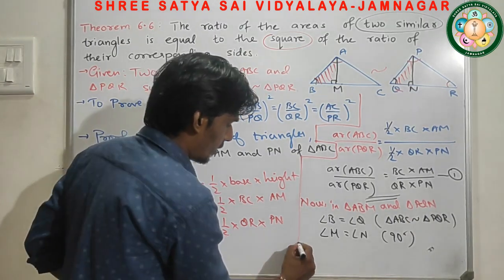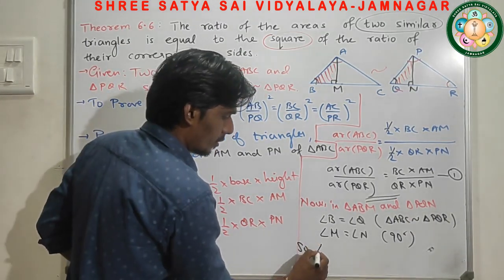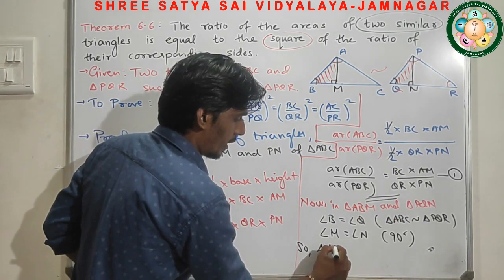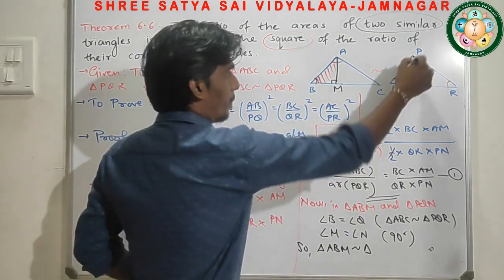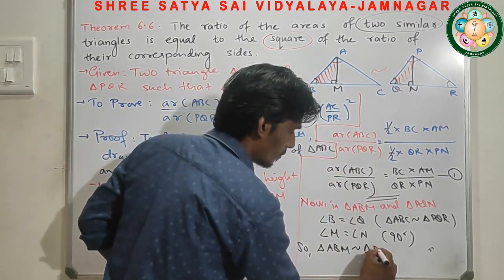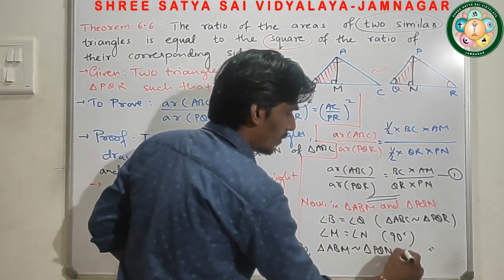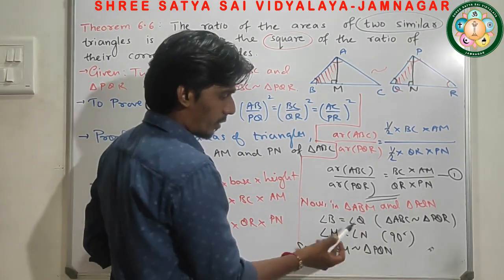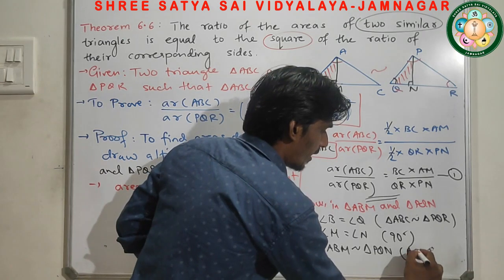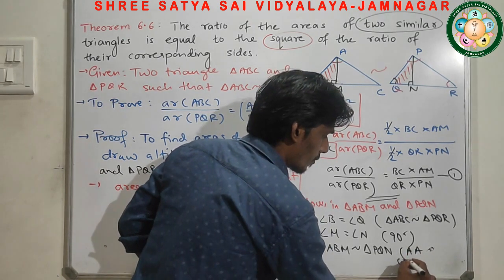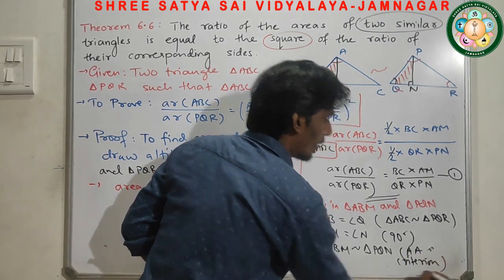So from this I can say that triangle ABM is similar to triangle PQN, by the angle criteria.